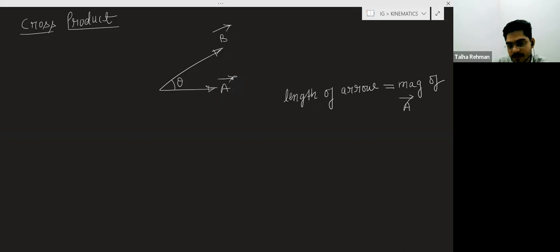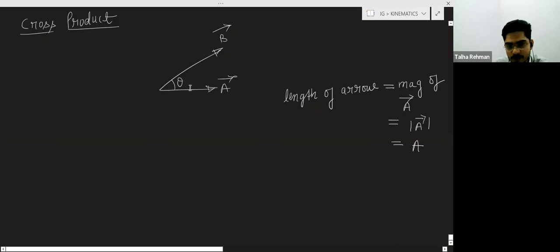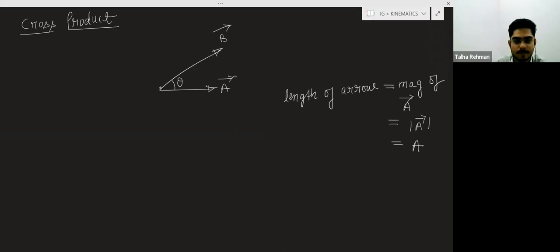And how do we represent the magnitude of a vector? Like this, or sometimes we simply write a. So the length of this arrow is representing the magnitude of a vector, and the length of this arrow is the magnitude of b vector.